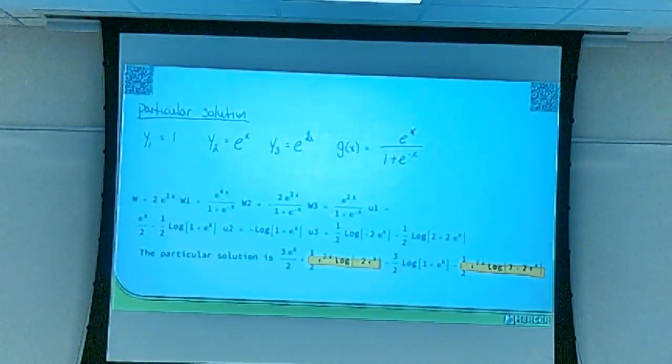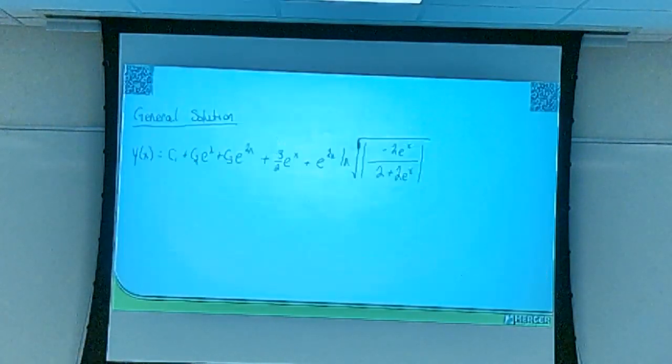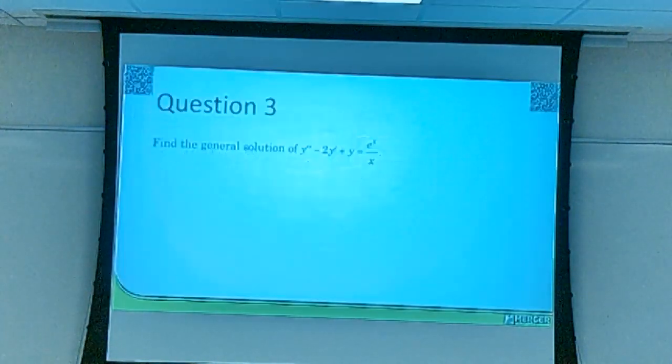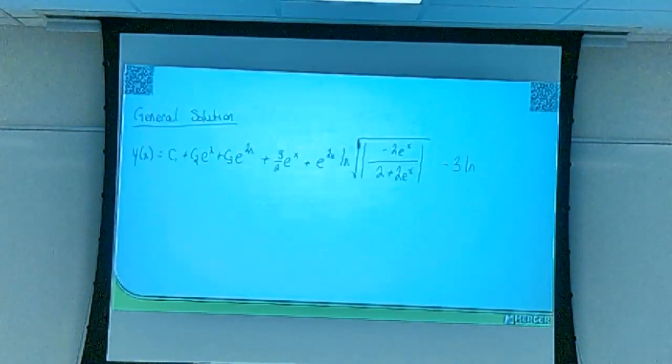And then just that minus 3/2. I'm gonna write it this way, minus 3 log square root of 1 plus e to the x. And actually, that's not fully simplified.